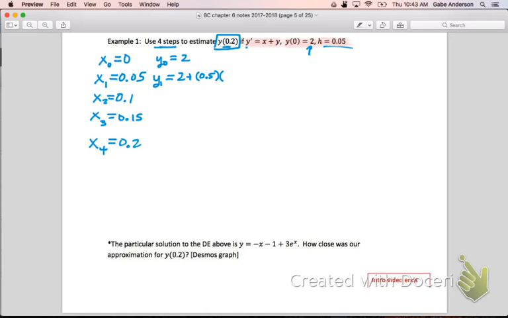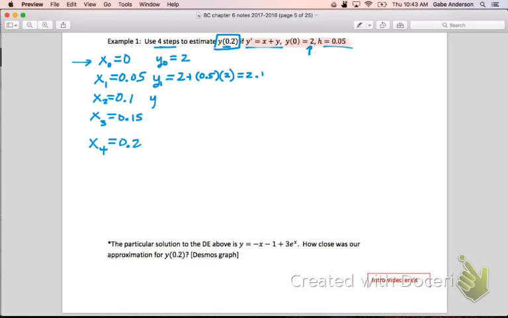So the slope is y prime equals x plus y, and so we are going to use that. Using the previous point, which is up here, x plus y would be 2 plus 0, which is 2. You add and multiply, correct order of operations, and you end up with 2.1. Okay, so that's our second point on our approximation for our initial condition, 0.05, comma 2.1.